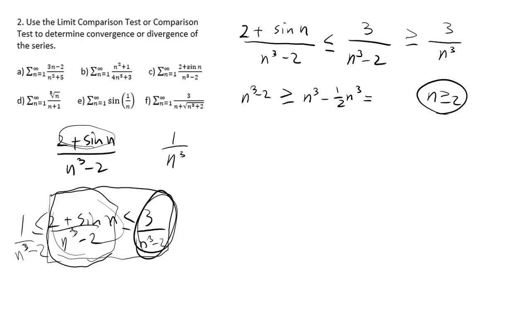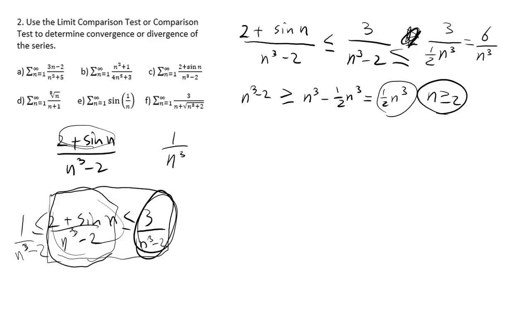It's important because this is 1/2 of n cubed, and therefore I can now write down this right side as 3 over (n cubed minus 2) is less than or equal to 3 over (1/2 n cubed). And that is something that's really easy to handle, because this is the same as 6 over n cubed.